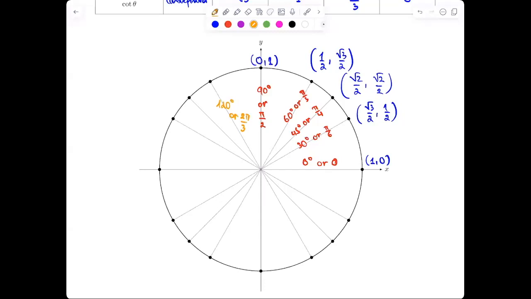And then you have 45 degrees, you add 90, then you get 135 degrees or 3 pi over 4. 60 degrees, you add 90 degrees, then you get 150, or this is 5 pi over 6.